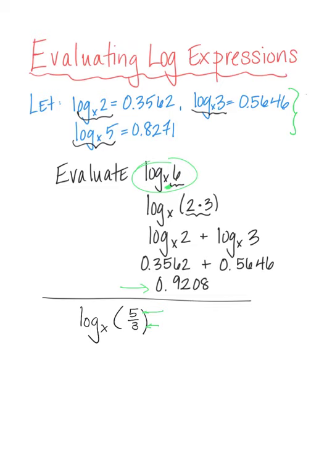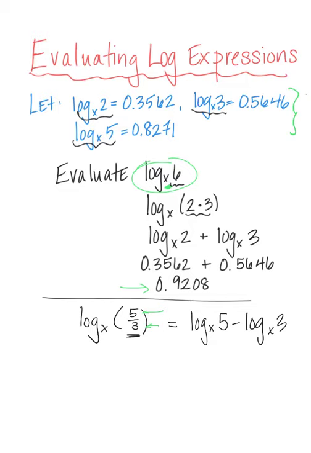For this one, I already have a definition for 5 and 3. So now I'm just going to break up my log. Again, I can rewrite this as a difference of two logs. So I can write this as log base x of 5 minus log base x of 3, because a division or quotient in the argument is the same thing as a difference of two logs.